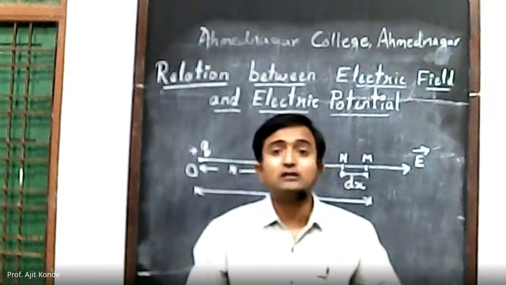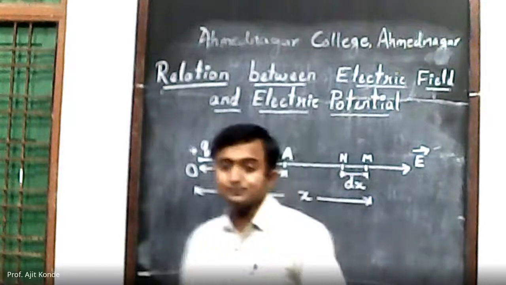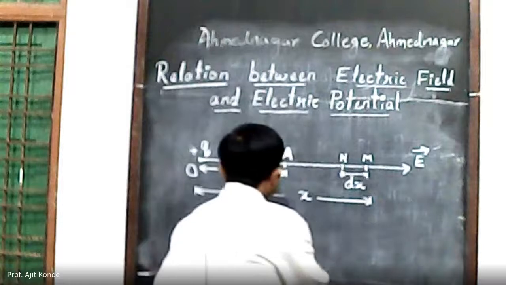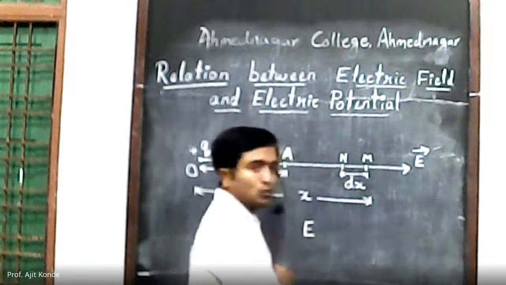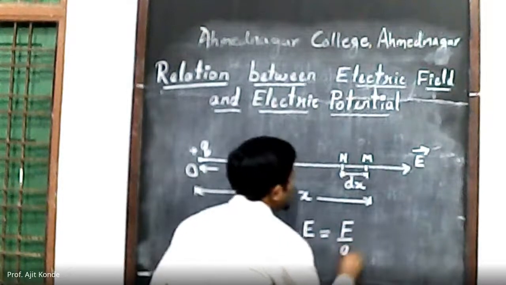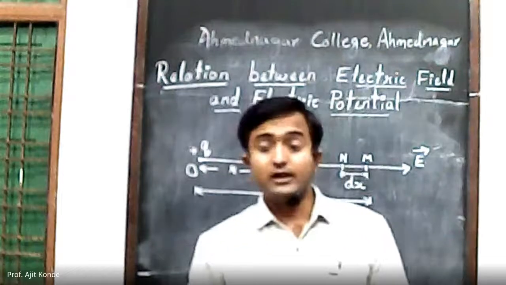We know that the formula for electric field is E equal to F upon Q, which we studied in 11th class.